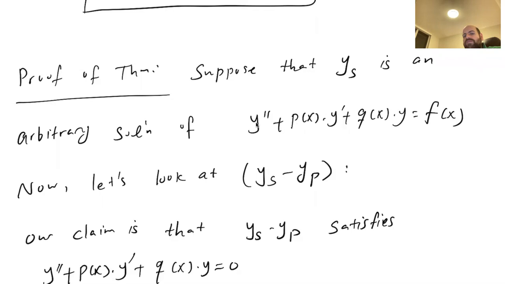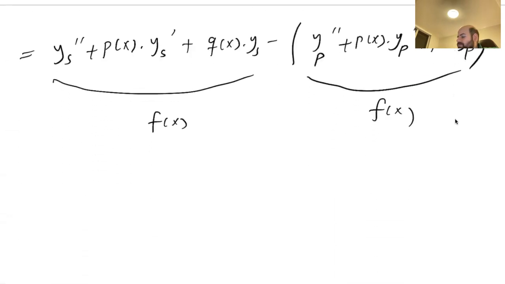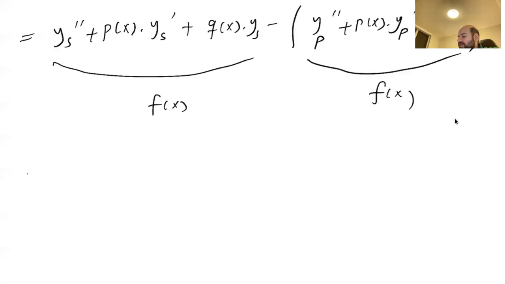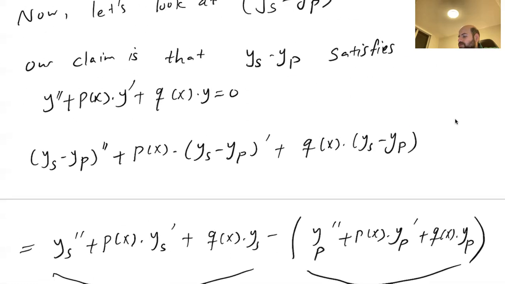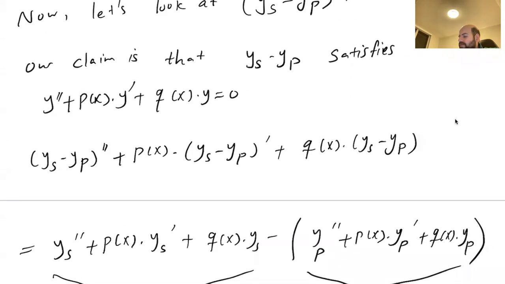So if I replace y with ys, I'll get f of x, or if I replace y with yp, again I'll get f of x. So this is f of x minus f of x, which is 0. So we showed that ys minus yp satisfies this equation.